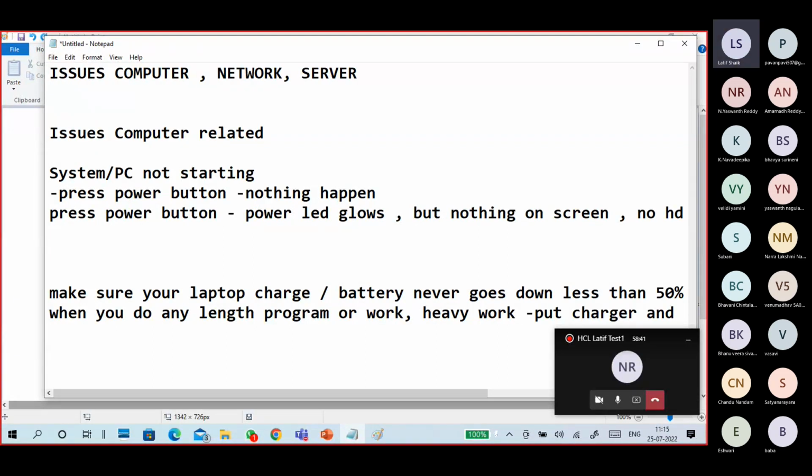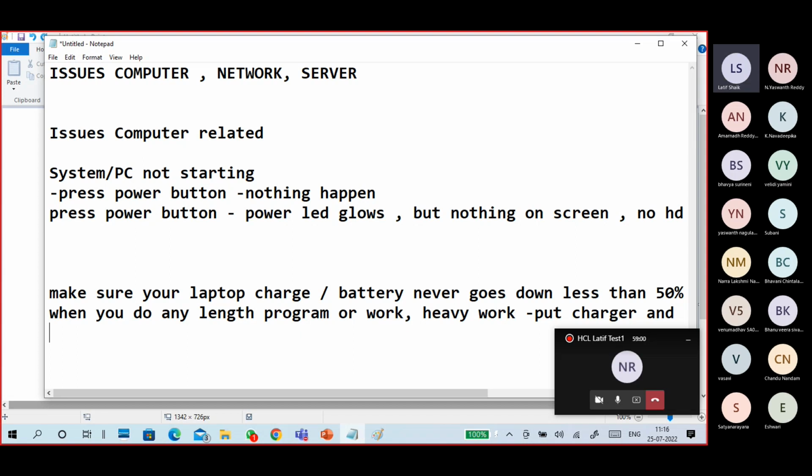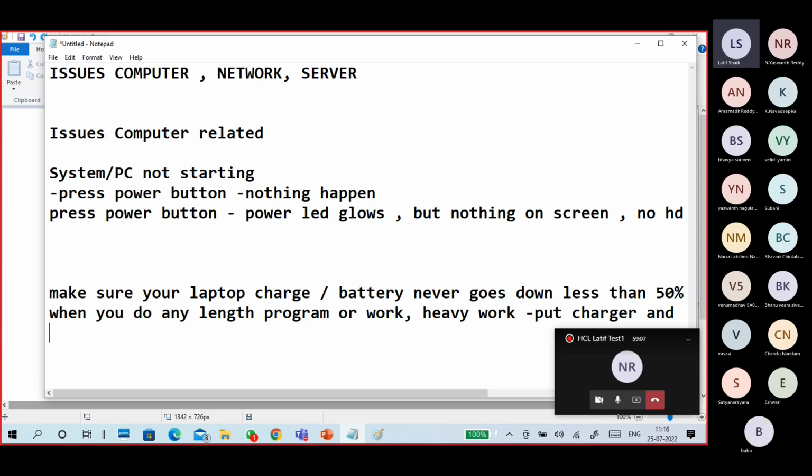If you have to use a computer for 1 hour, 2 hours, 3 hours, use charging. If you want to use it for 15-20 minutes, no problem. But if you start a laptop and want to use it for 4 or 5 hours, put the charger on and start using it. That's the first important thing. Don't wait until it goes down to 20% and then search for a charger.